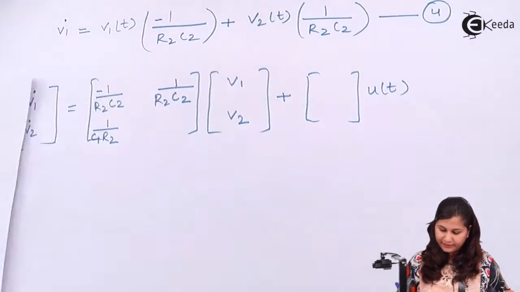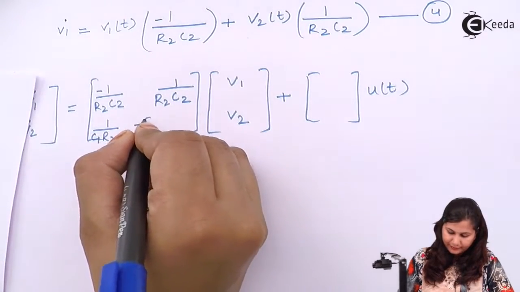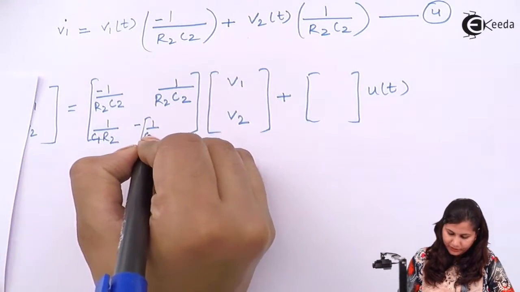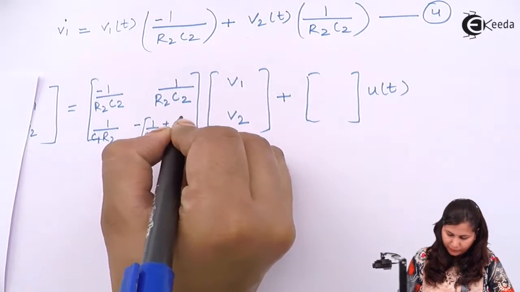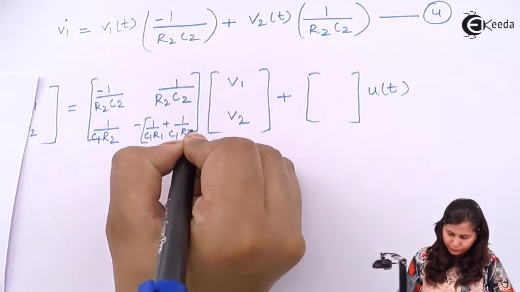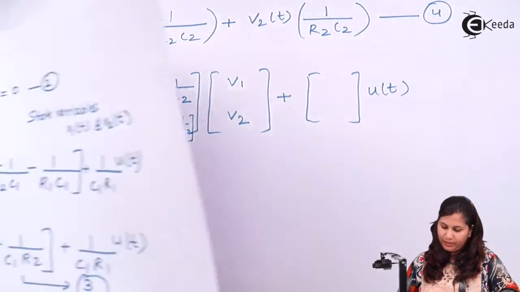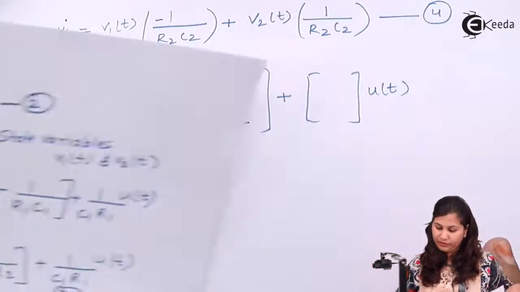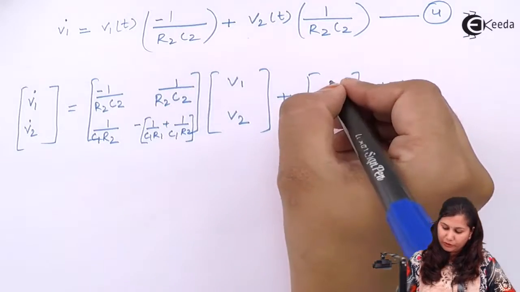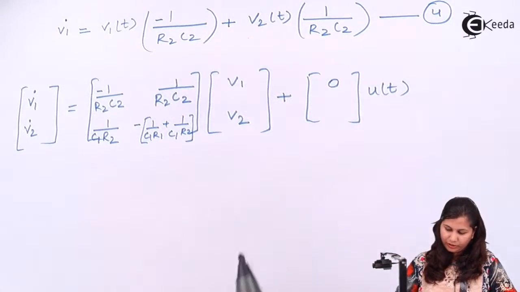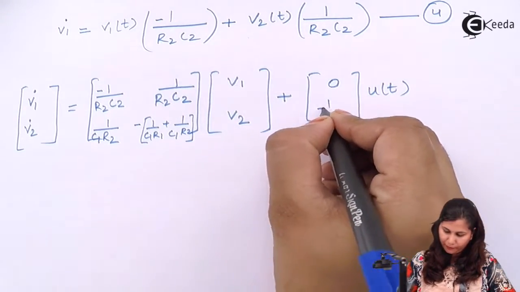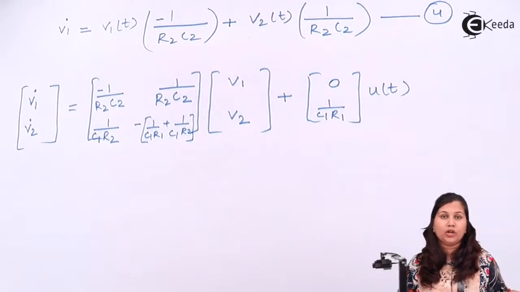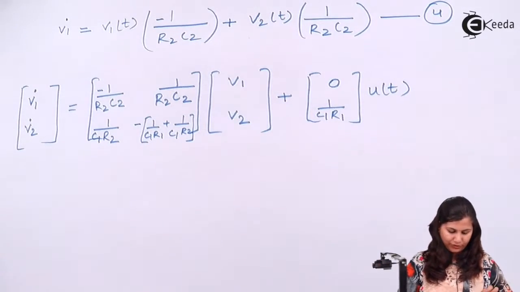So we will write here minus (1 upon C1R1 plus 1 upon C1R2). Then the coefficient of u(t) is 1 upon C1R1. In V1 dot, u(t) was not present, so we will write 0 here, and here the coefficient is 1 upon C1R1. So this is our state equation.